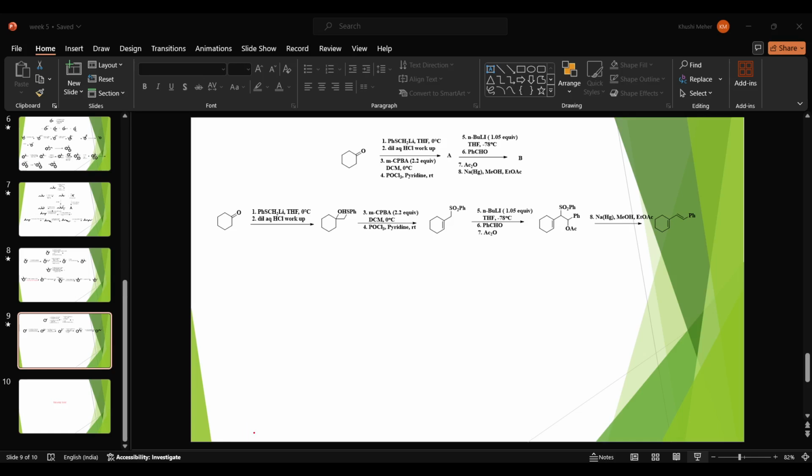Most of the time, boronic acids are powder compounds, and they are moisture sensitive. You cannot easily do column chromatography for these compounds, because on silica gel they undergo polymerization reaction.